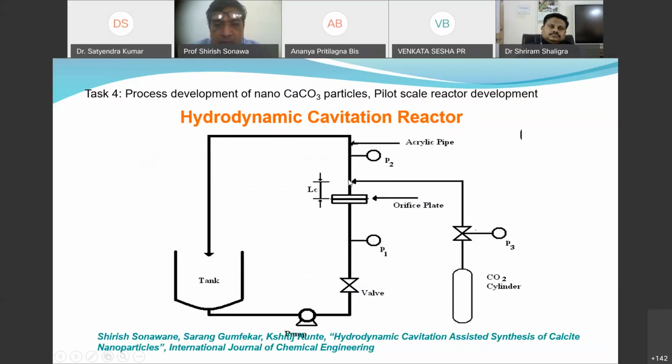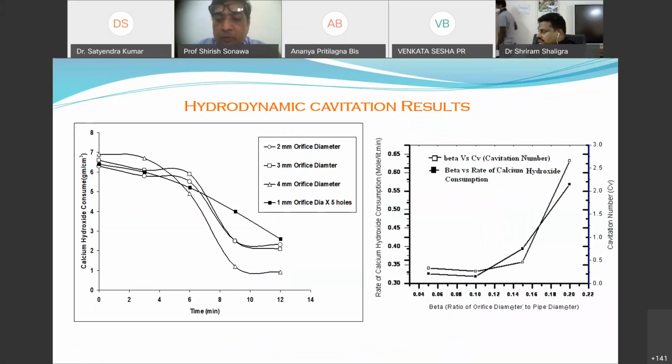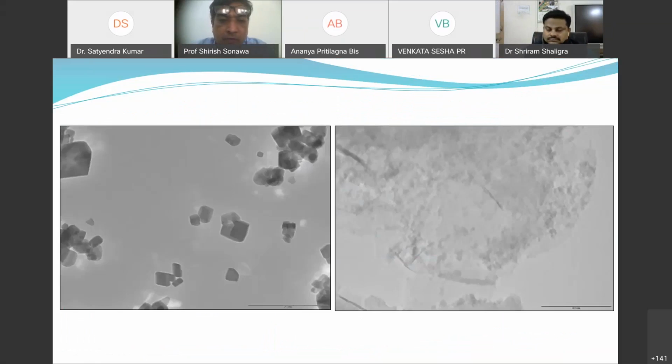Because of that, there is large dissolution of CO2 gas within a closed container. With this methodology, you will get calcium carbonate of a particular shape, the calcite shape, and you can utilize this for production. Within 14 minutes, using this hydrodynamic cavitation process, we can produce nano size calcium carbonate.